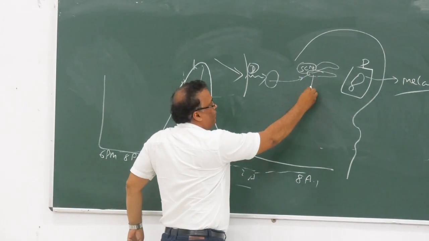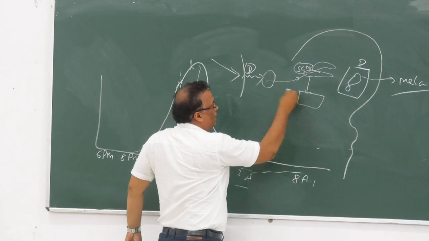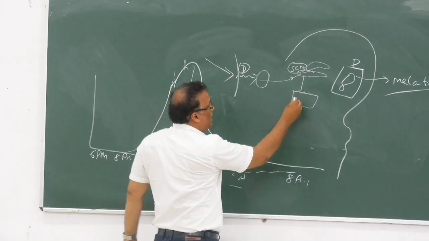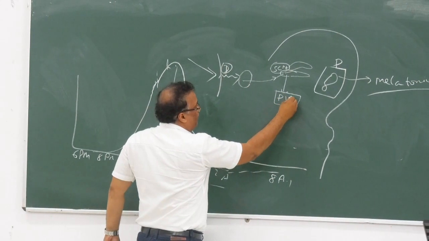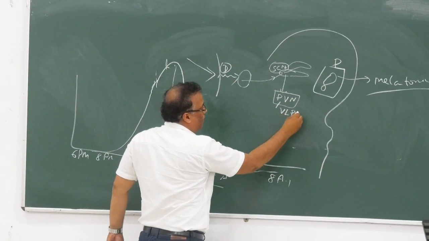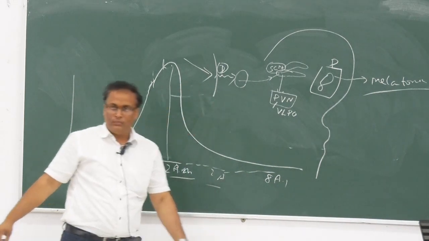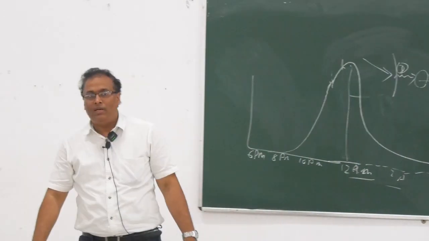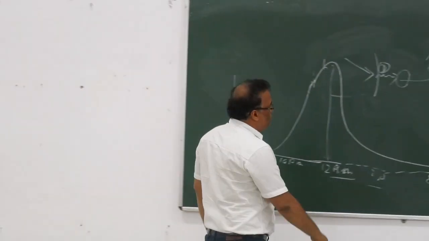After getting the information, it goes to the periventricular nuclei and ventrolateral preoptic area. If you can remember the names, that is enough.